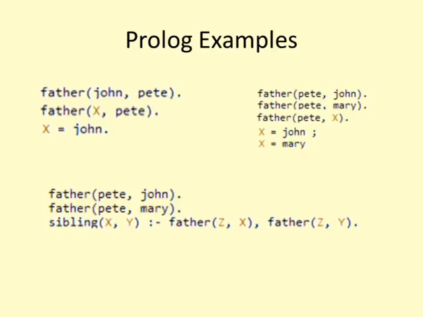The last line is read as X is a sibling of Y, providing that there is a Z that is the father of X and Z is also the father of Y. We can ask who are the siblings of Mary by writing sibling(mary, X), and Prolog gives us these answers: X = john, semicolon, X = mary. Mary is considered a sibling of Mary because X and Y are siblings if they have the same father.